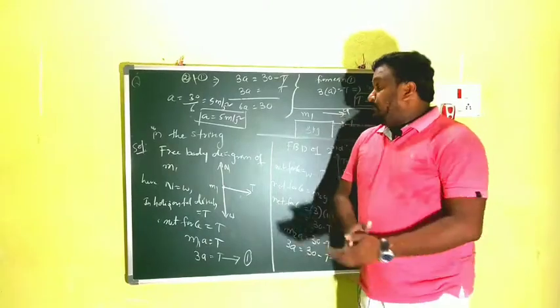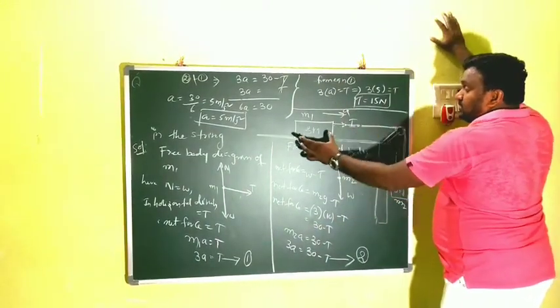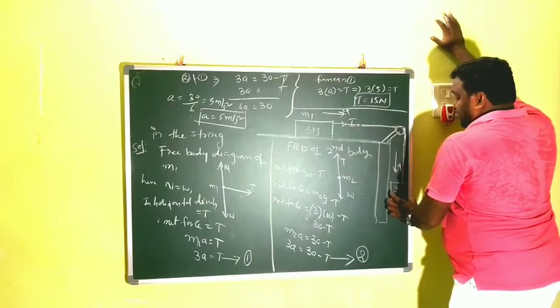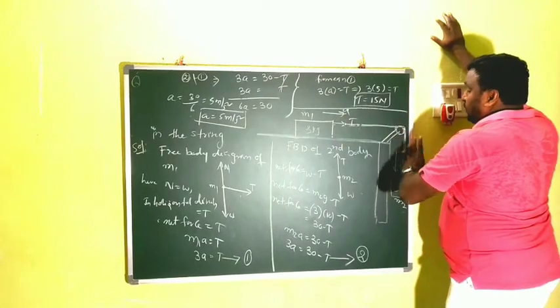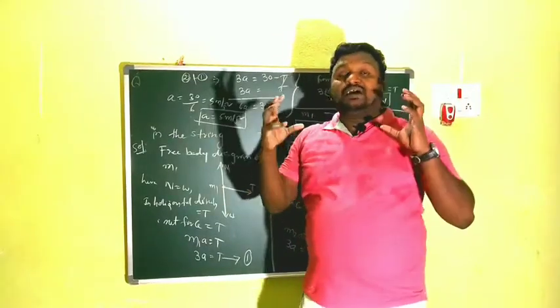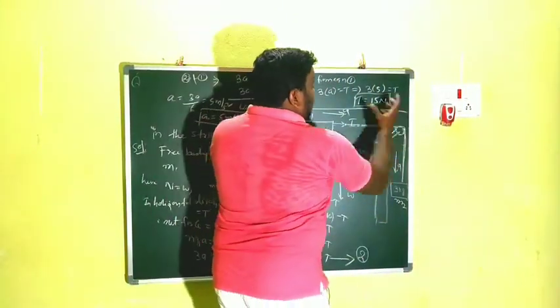So children, this is the way to calculate the problem. So see once again here. The situation given is a body of mass 3 kg connected to another body of mass 3 kg with the help of a rope. In other words, two objects are connected by a rope, and after that we keep it on the pulley.